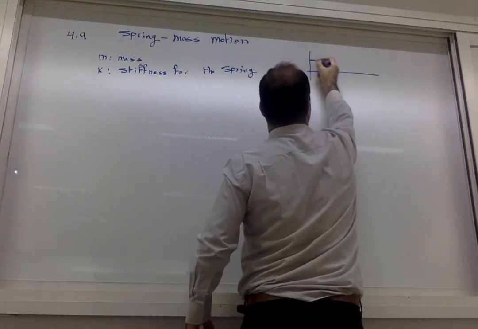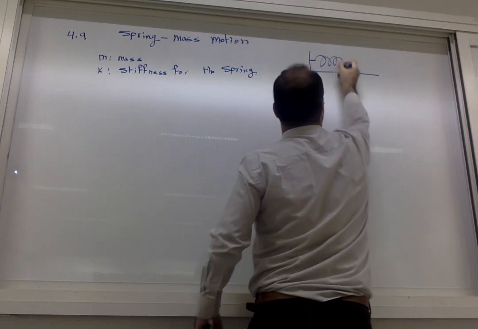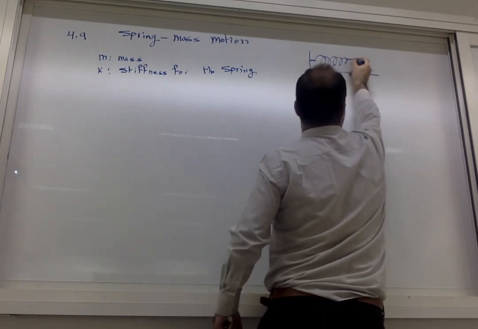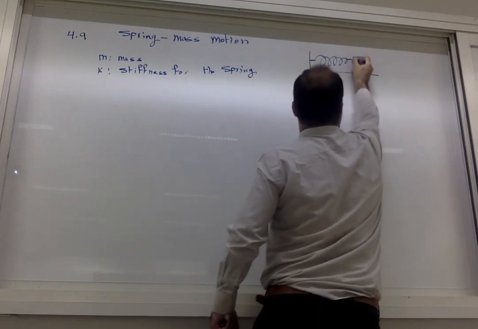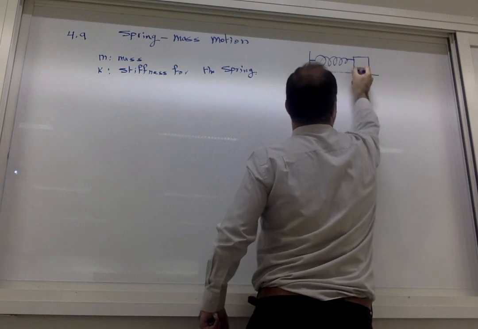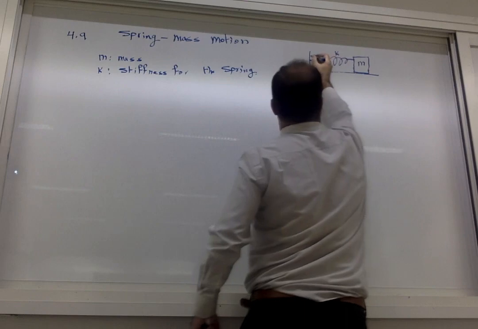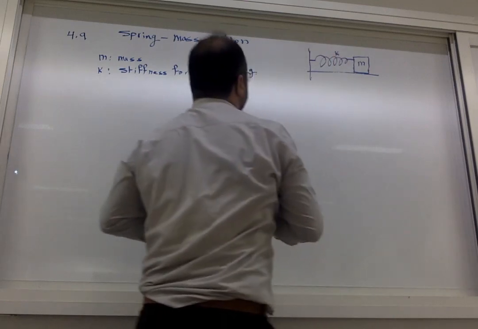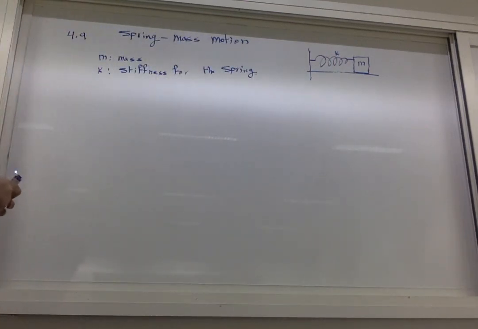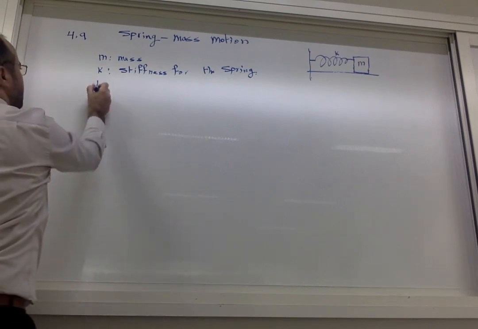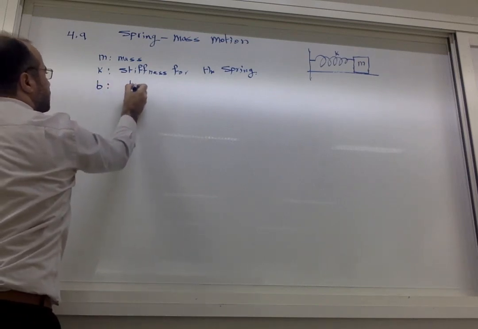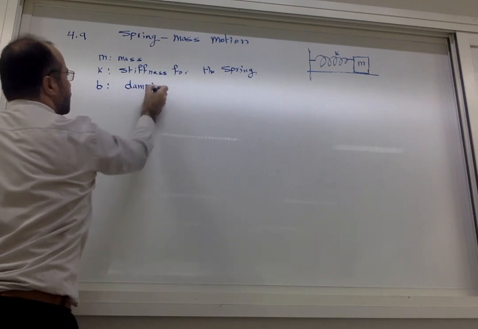So we have a spring, and on the end of that spring, we have a mass here. So this is M, and K is for the spring. And we also have V, or we call it the damping constant.